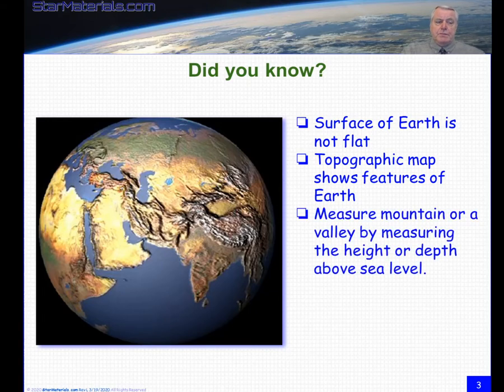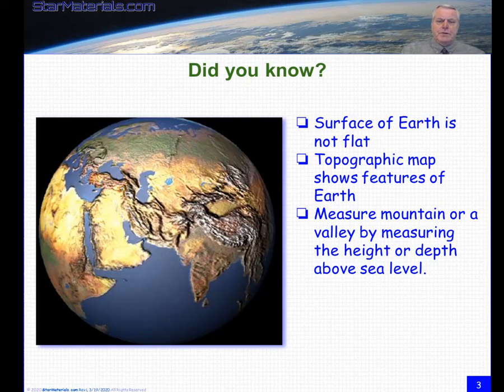We can measure a mountain or a valley by measuring the height or depth above sea level. So we can measure the height of one mountain, say it's 1,000 feet. It's 1,000 feet above sea level.